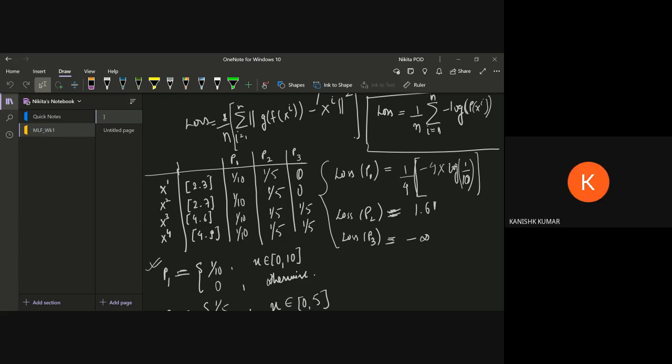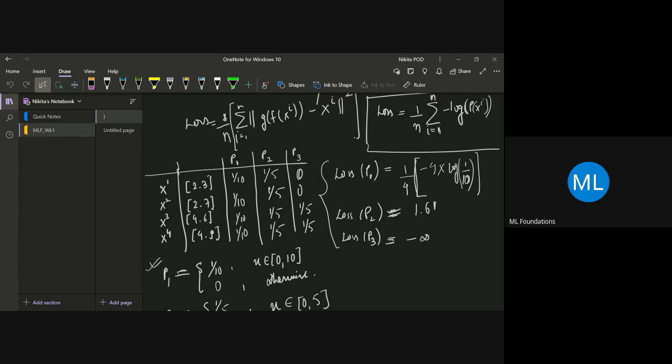But what is implied in the physical sense? Basically, it's on the probability side. So what does it convey to us? We saw that out of all these three models that we had got for this data set, we got the least loss for the model P3.